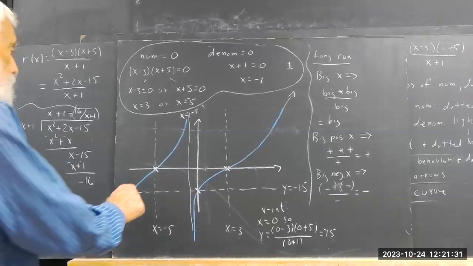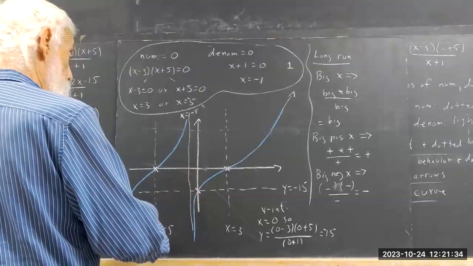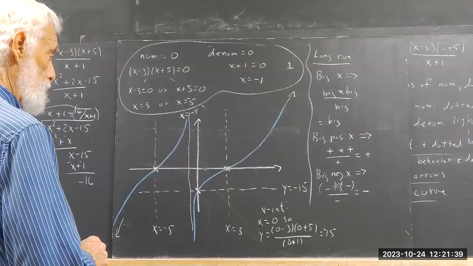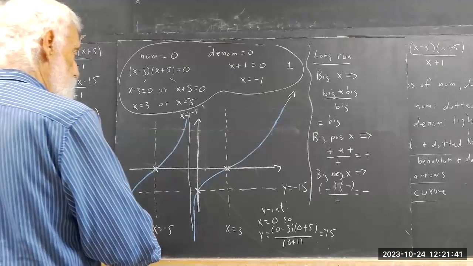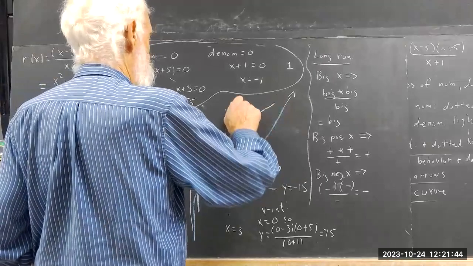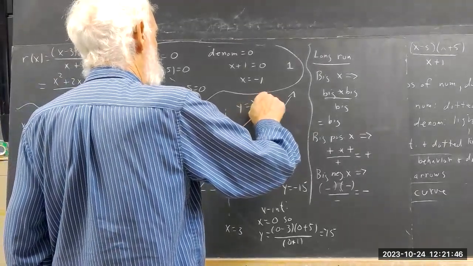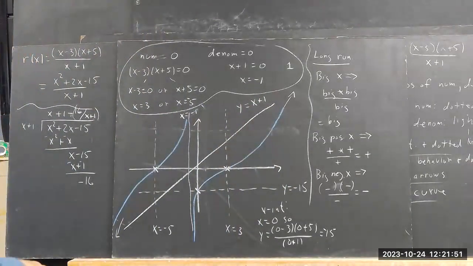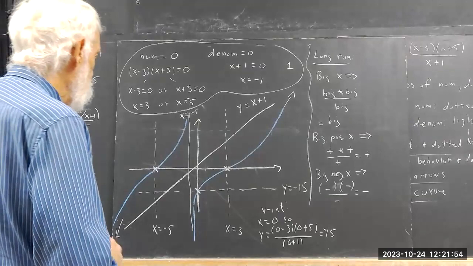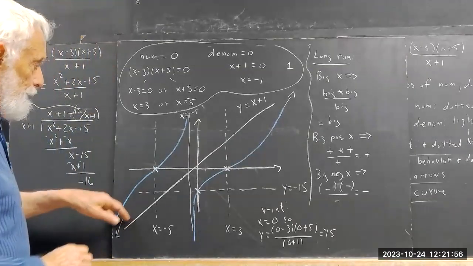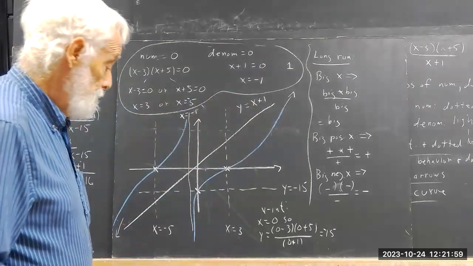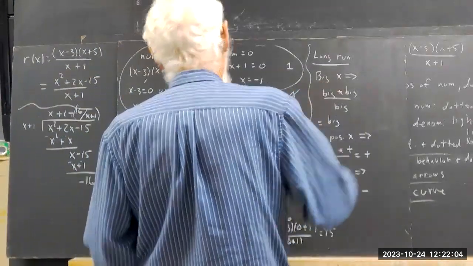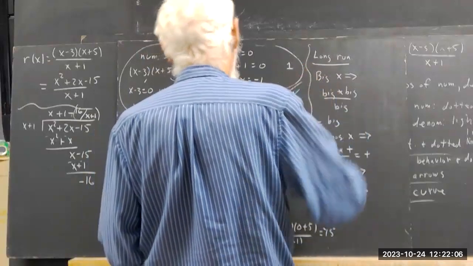So now we take the line y equals x plus 1, and let's just see where that line would be. If that's 15 and that's 5. Yeah, that'd be a line something like this. Here's the line y equals x plus 1. This tells us that the graph is asymptotic to this line, which means that maybe the graph sort of levels off here and becomes asymptotic to the x plus 1 line.